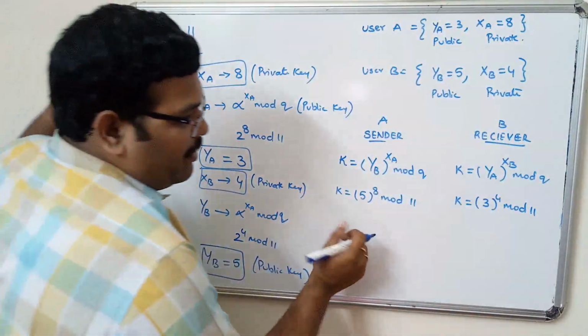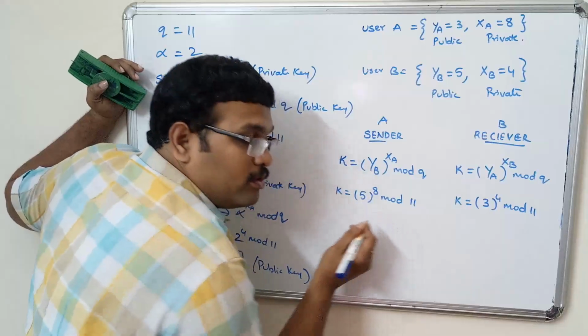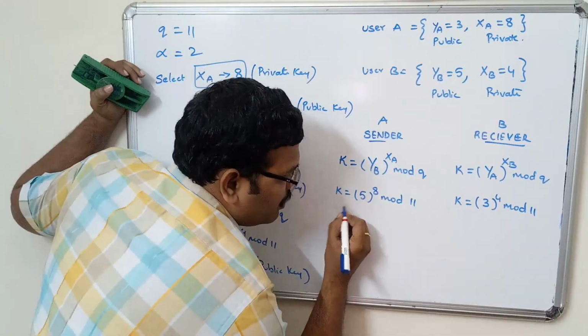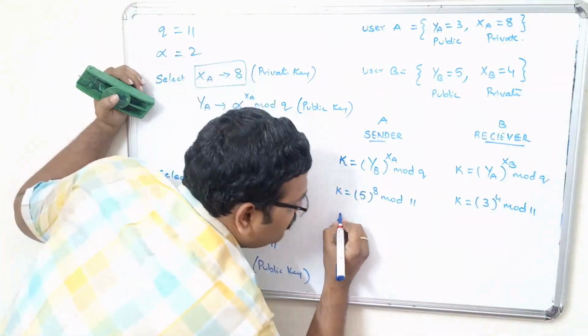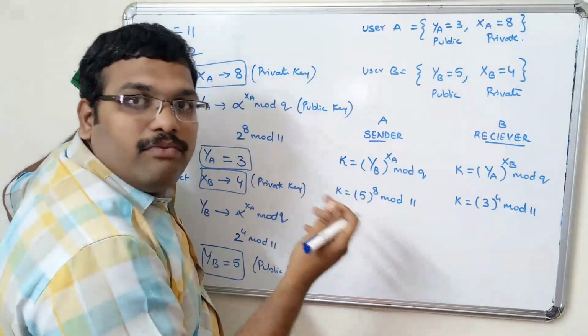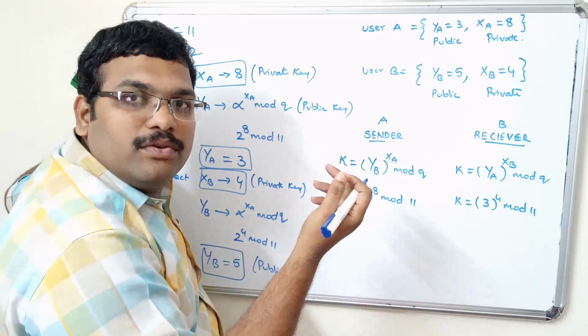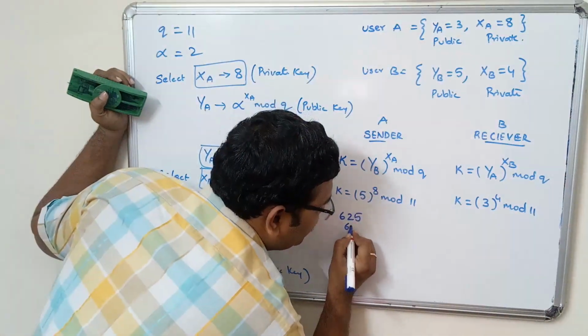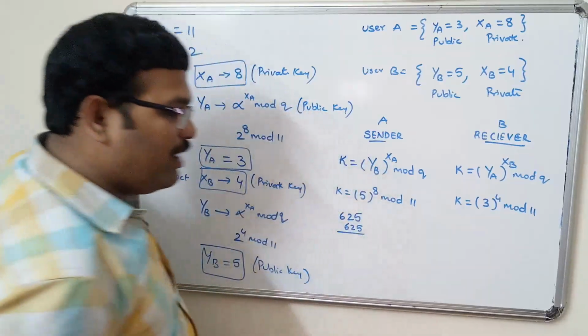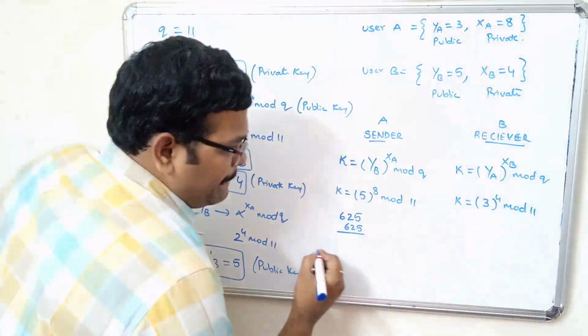See here, 5 power 8: 5 square is 25, 25 into 25 is 625. So we have to calculate 625 into 625.